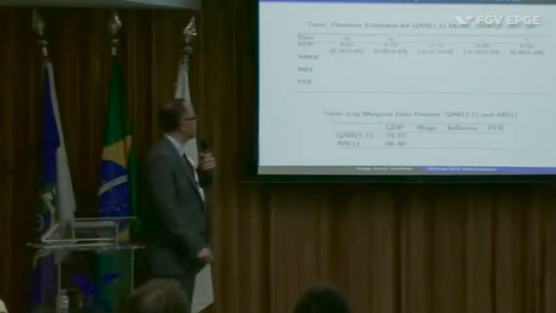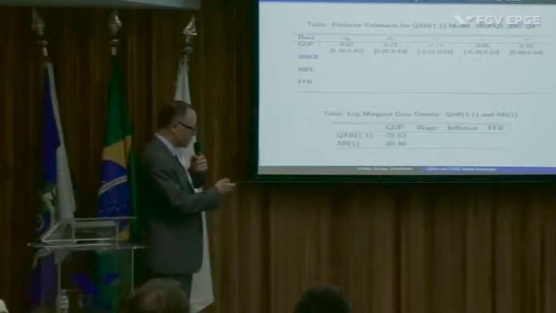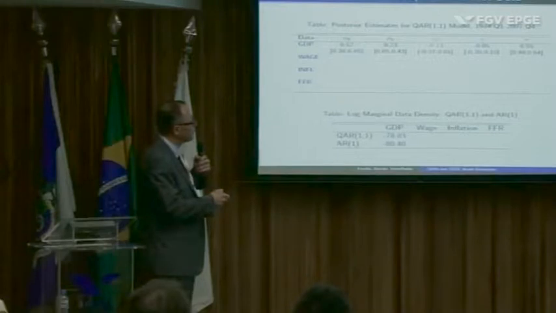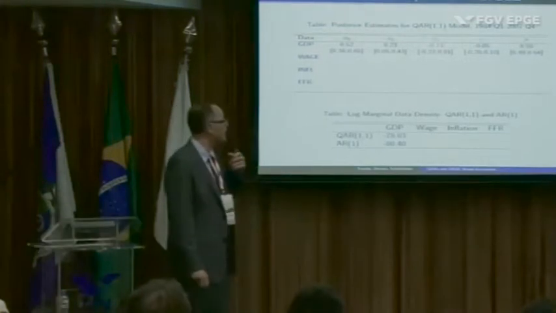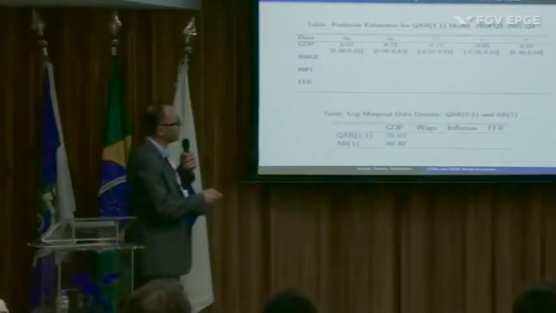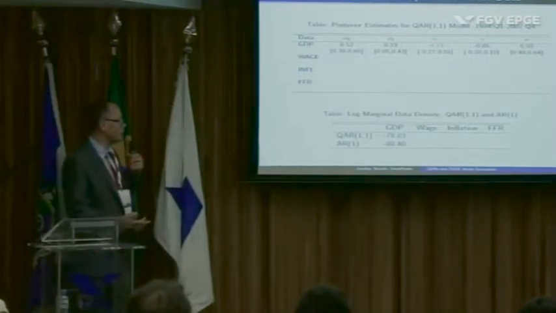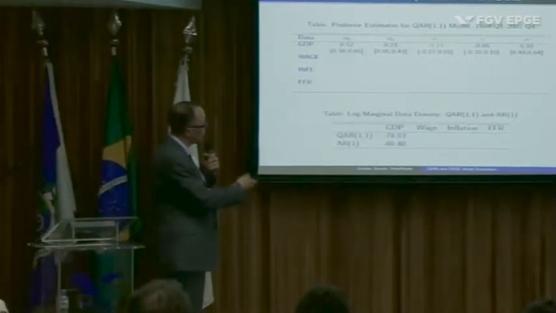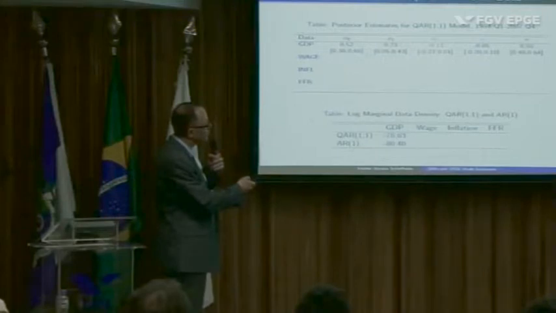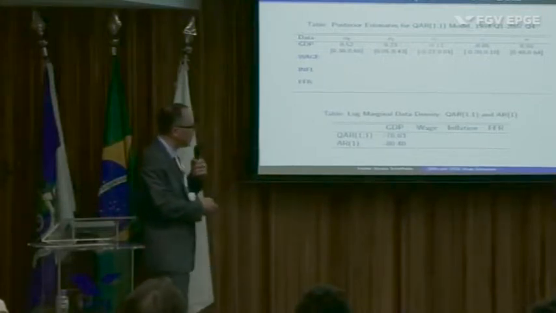So here's what you get when you do this for GDP growth. You get a phi 2 that's slightly negative, minus 0.13, and a gamma that's slightly negative at minus 0.05. If you compute a credible interval, it seems like 0 is included.